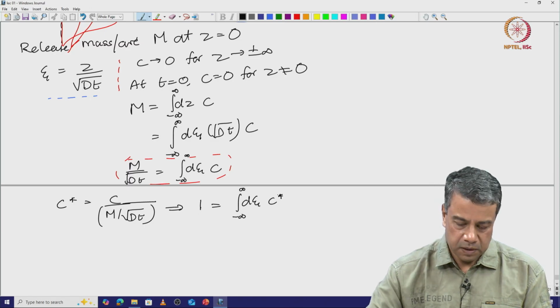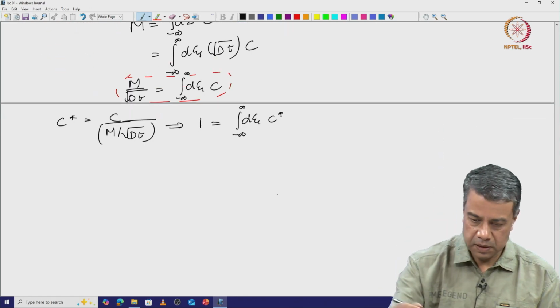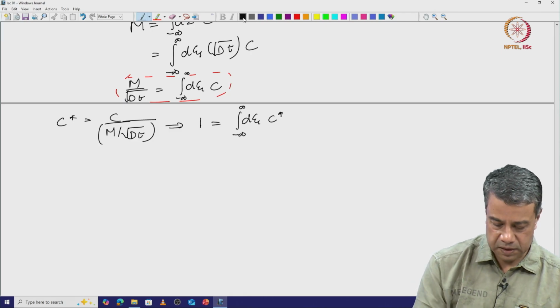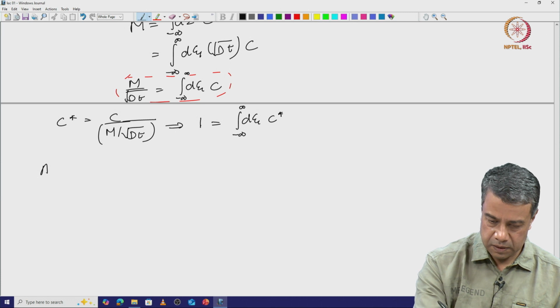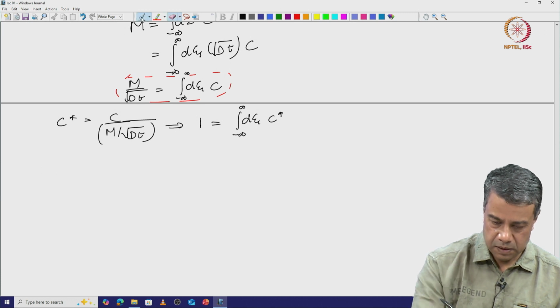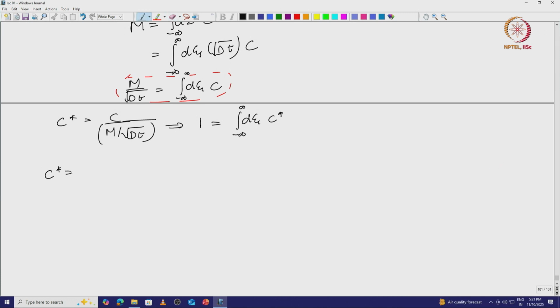Now, the boundary conditions are that C star is equal to 0 for psi going to plus or minus infinity.